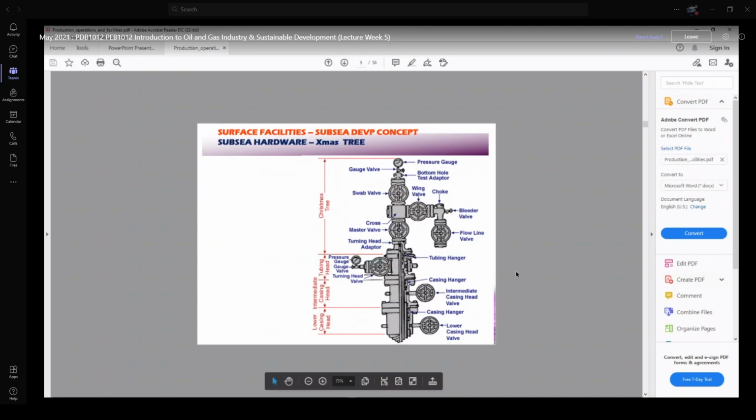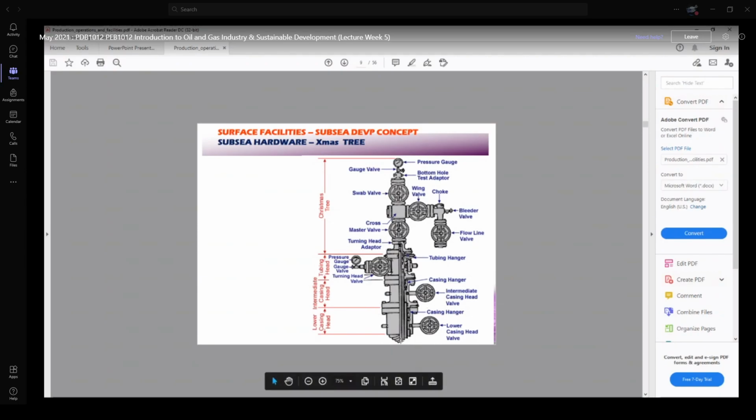Okay, here you see the Christmas tree. This upper section is called the Christmas tree, which is used to control the production from the particular well, right? But below this is the foundation of the Christmas tree.